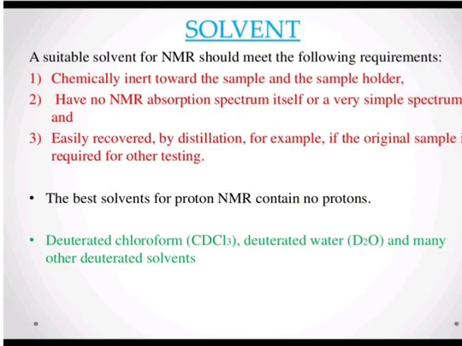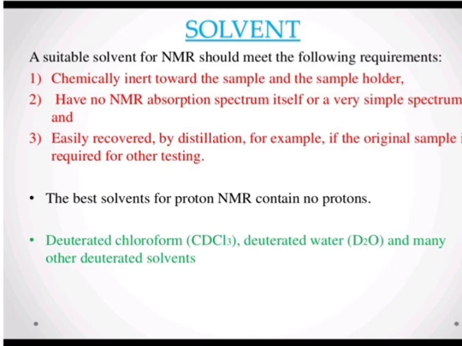Then the solvents. A suitable solvent for NMR should meet the following requirements. The solvent should be chemically inert toward the sample and the sample holder. Then the solvent should have no NMR absorption spectrum itself, or a very simple spectrum.